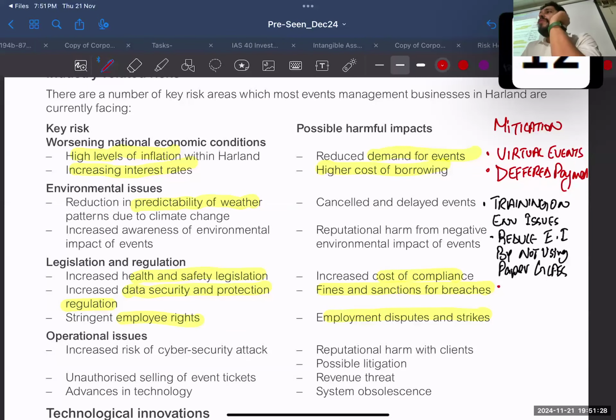Letting the employee know what are the employee rights and duties. Stringent means strict. Okay, employee rights and duties are communicated well to the employee.